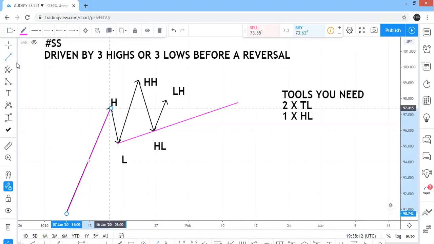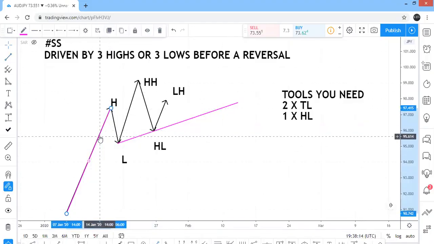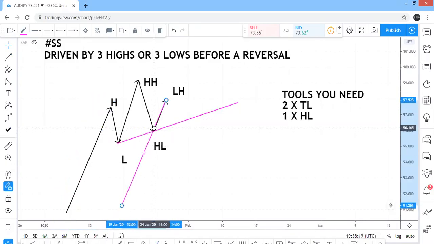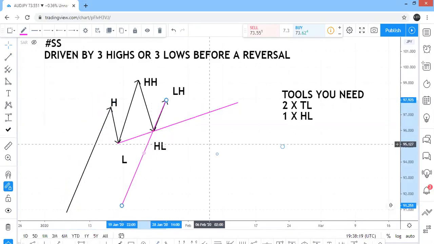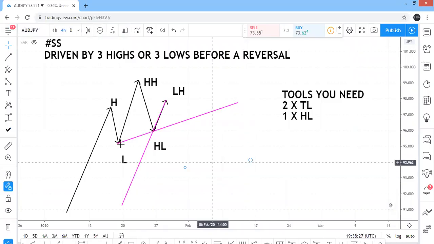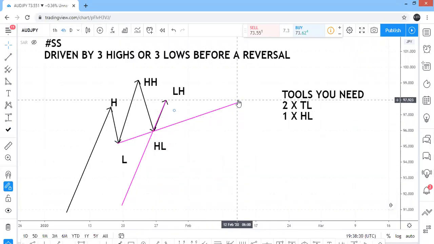And then you're going to move this distance so that this distance is at the lower high. Okay, now you've been able to make the projection of where the market is likely to go. So now I've used my first trend line to mark the counter trend. I've used the second trend line to mark where it's likely to go.